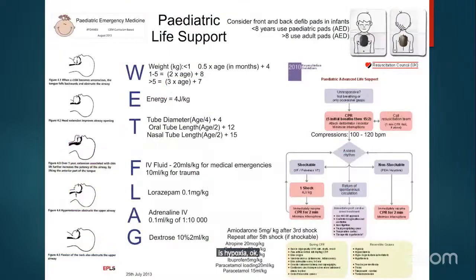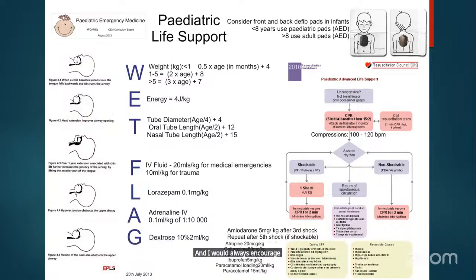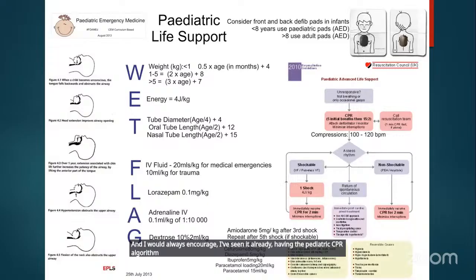Okay? And as I said, there are many charts like this that can help you with calculating your wet flag immediately on admission of a sick child. And I would always encourage, I've seen it already in emergency, having the pediatric CPR algorithm readily available for anyone to use in any acute medical setting.